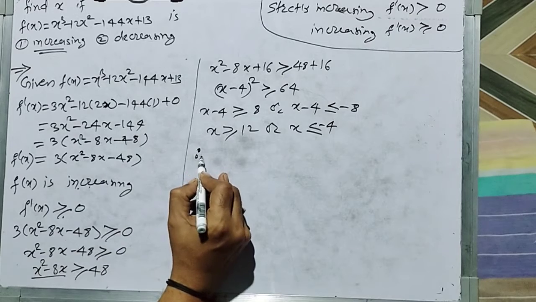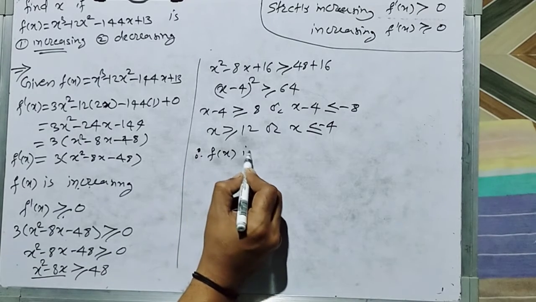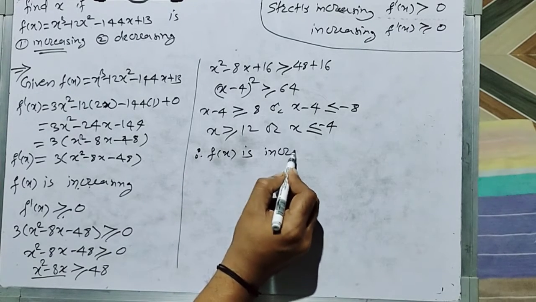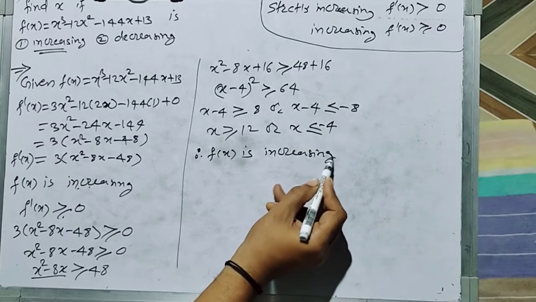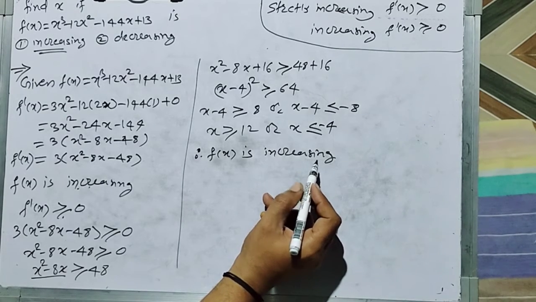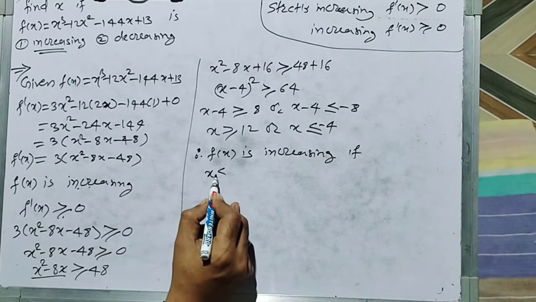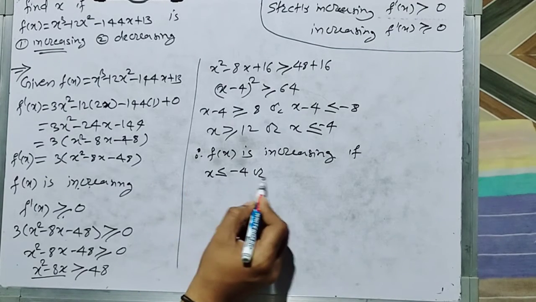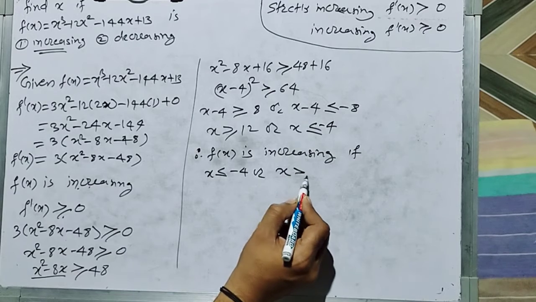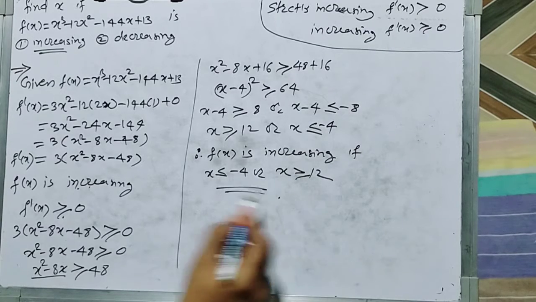So therefore f of x is increasing if x is less than or equals to minus of 4 or x greater than or equals to 12.